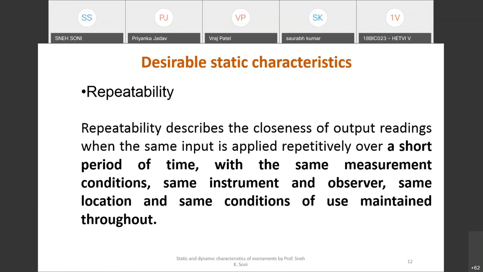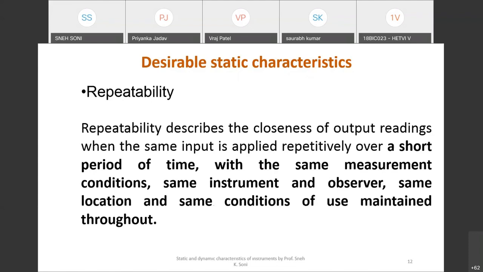I have done some highlights in the slide. Those terms are very important. So repeatability describes the closeness of output readings when the same input is applied repeatedly. This first line is important, right? And you can also understand this with the repeatability term.